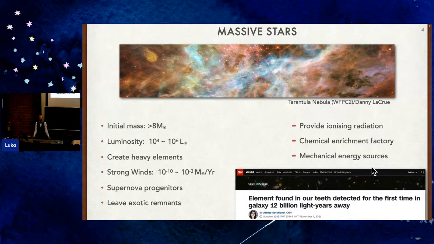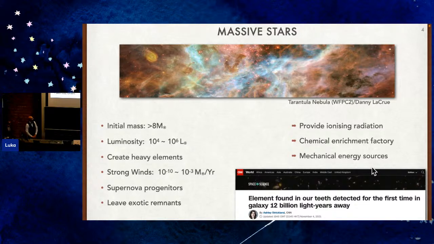Massive stars typically have luminosities that can be a million times the luminosity of the sun, so they are very luminous. And judging from the first slides, as I said, if the light output is large enough, they can drive winds. In fact, massive stars can drive very strong winds and lose as much as 1/1000th of a solar mass per year.